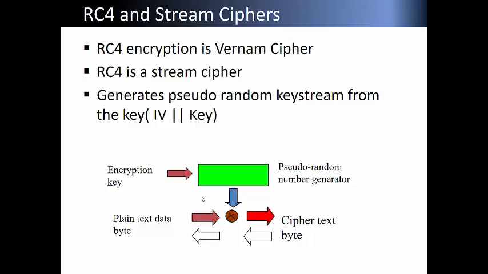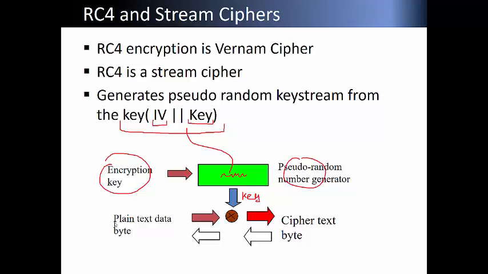RC4 is a stream cipher that generates a pseudo-random key stream from the key and initialization vector here, and that is exclusive ORed with the plaintext. That is the encryption key here. So this is the operation going on here.